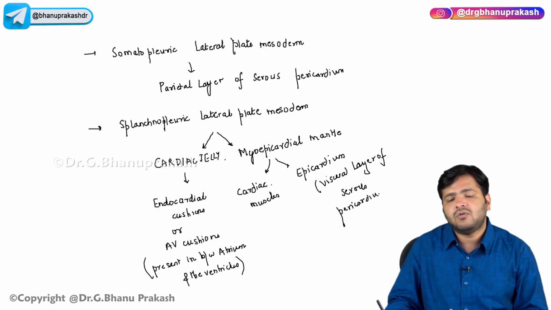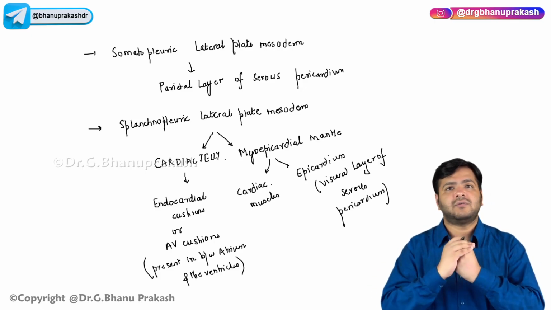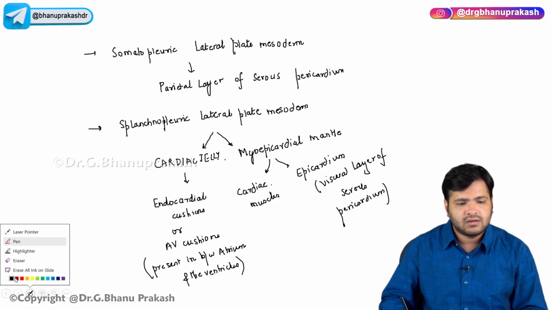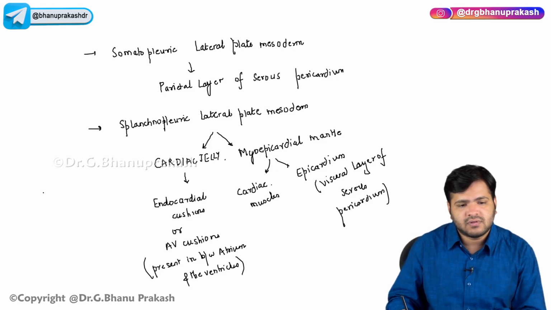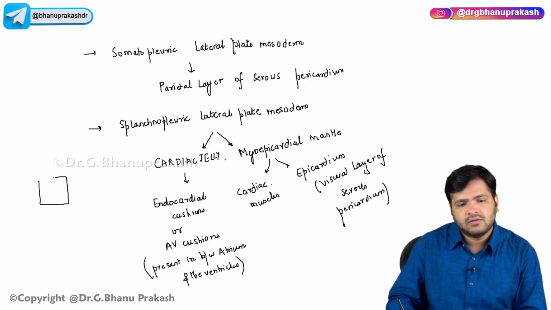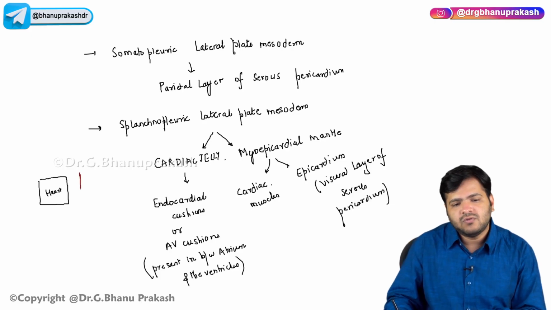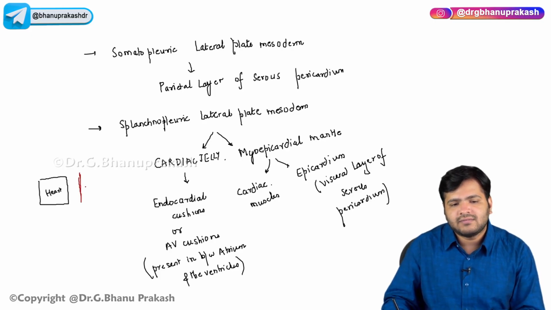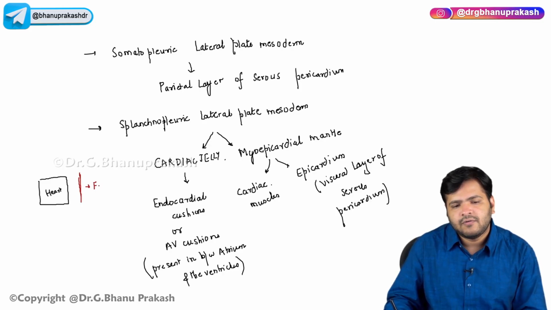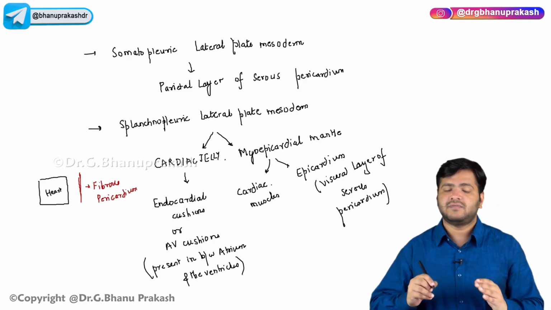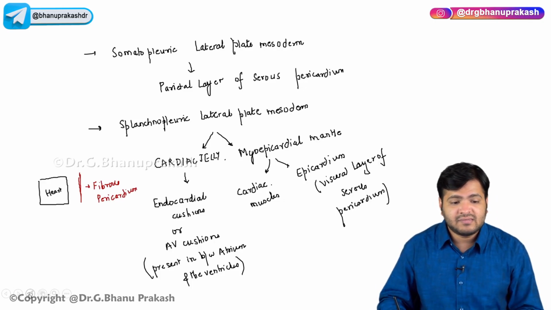Now, as you already know, the heart is covered by pericardium. Let us look at the normal structure also, so that it's easier. Suppose this is the heart, right? Now this heart is covered by pericardium. The outermost layer of the pericardium is called the fibrous pericardium, right? And the inner layer of the pericardium is called the serous pericardium.